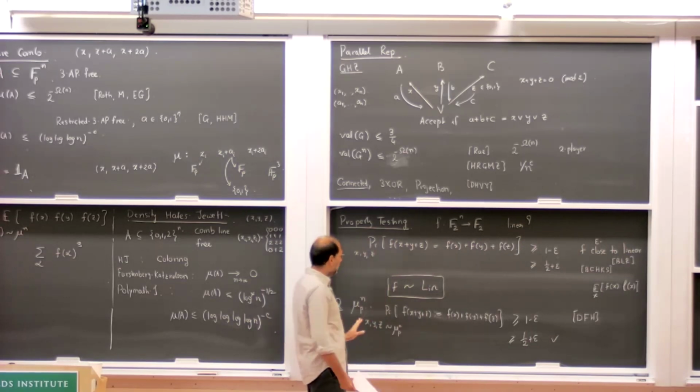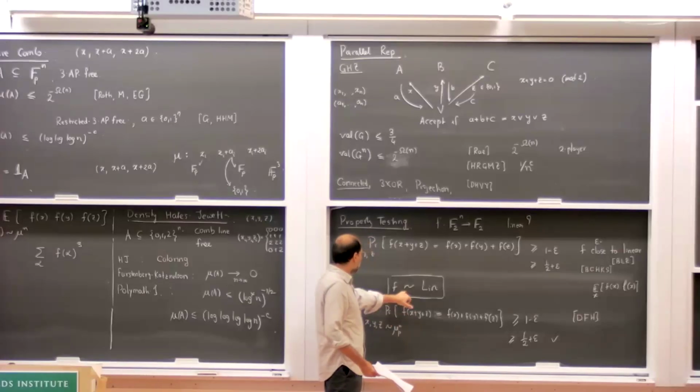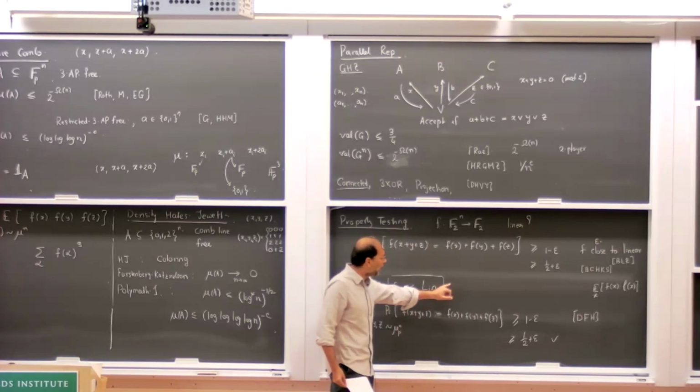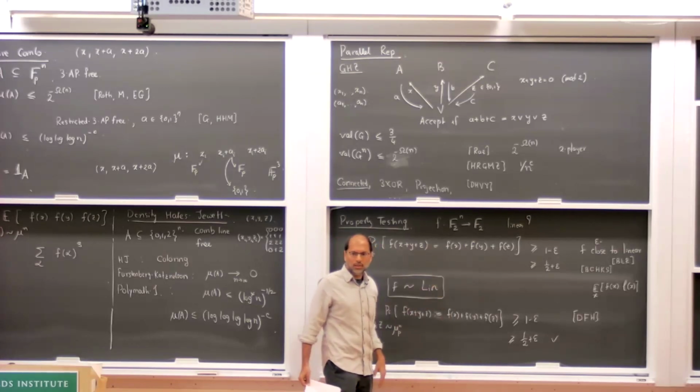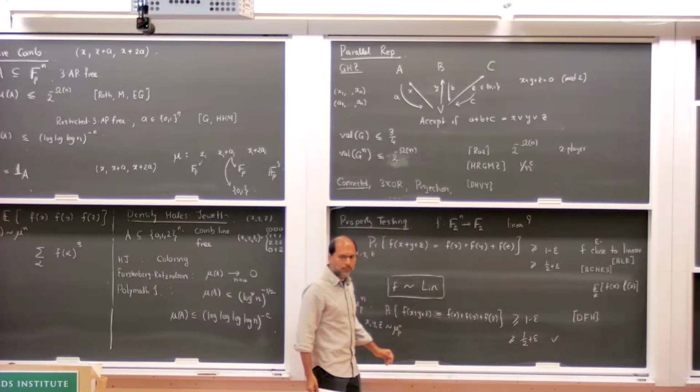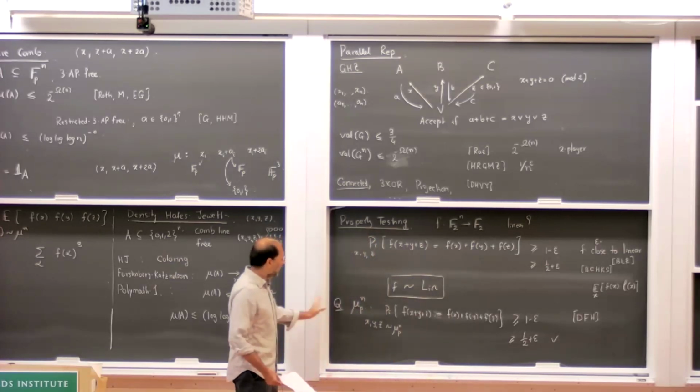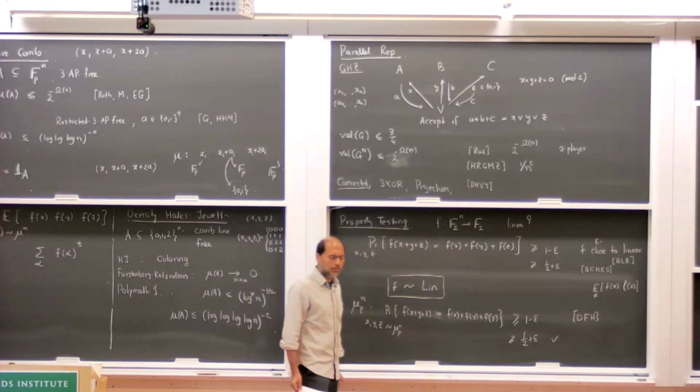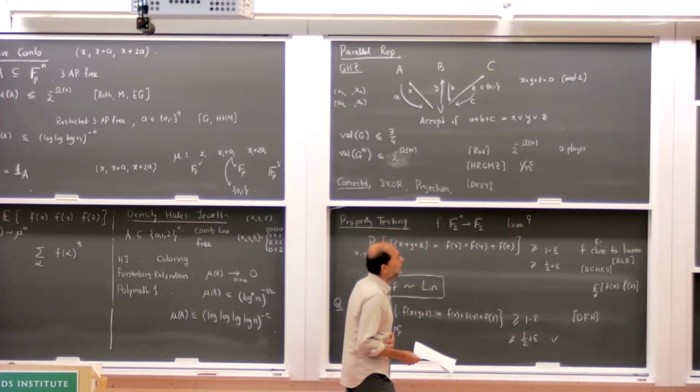Below 1/3, in fact, we can show that actually this conclusion is not even correct. What is correct then is that the function is correlated with a linear function times a low degree function. Okay. But in any case, so that's the application to property testing.